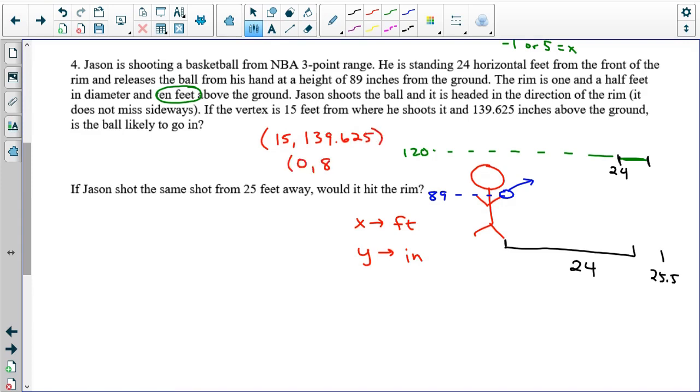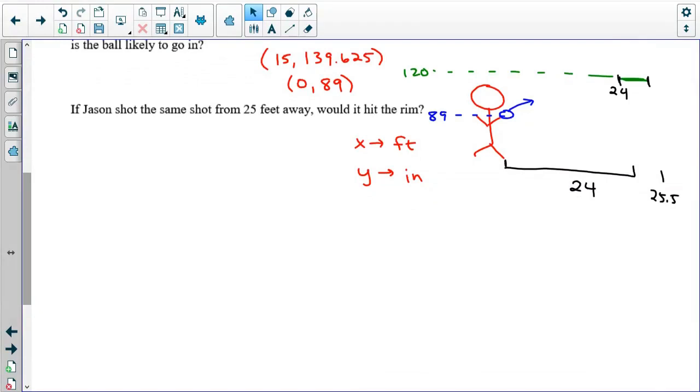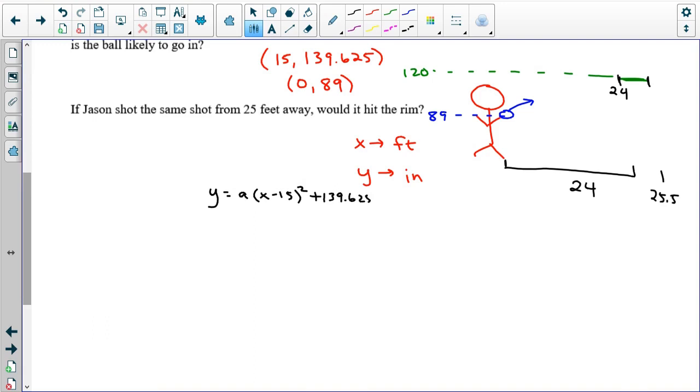I know the point (0, 89) is where the ball is released. And so I can write an equation. So if I write the equation, I get y equals a times (x minus 15) squared plus 139.625.